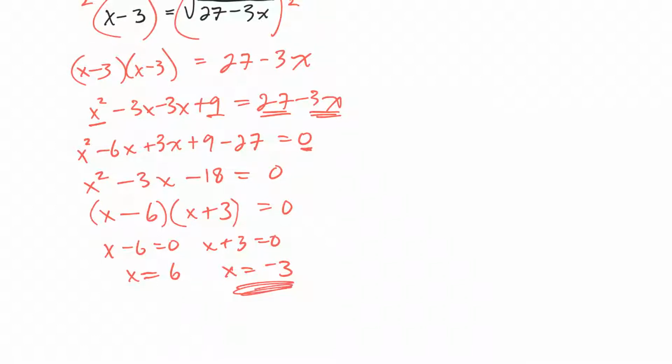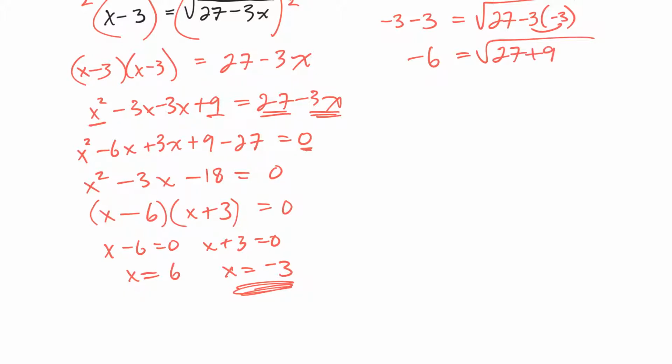Let me try and plug this one in and see if that works. So it'll be minus 3 is equal to root 27 minus 3 times minus 3. So minus 3 is a minus 6. Inside the square root, I've got 27. Minus 3 times minus 3 is plus 9.